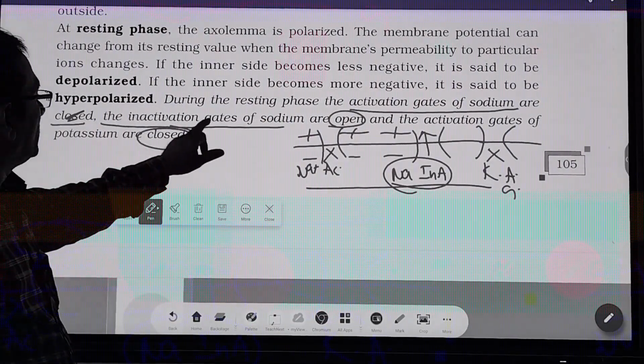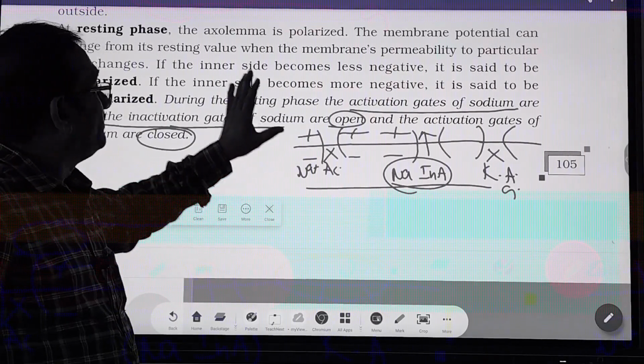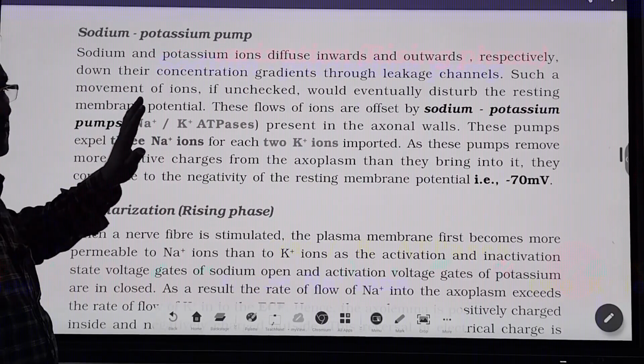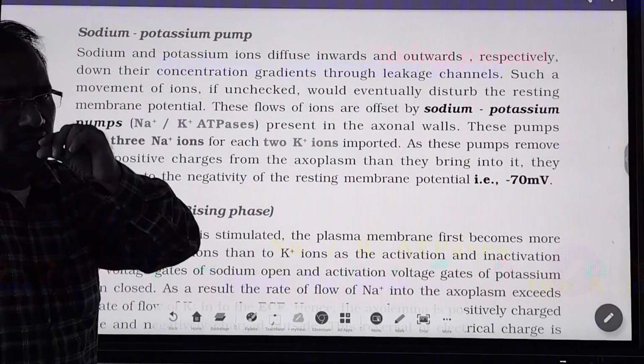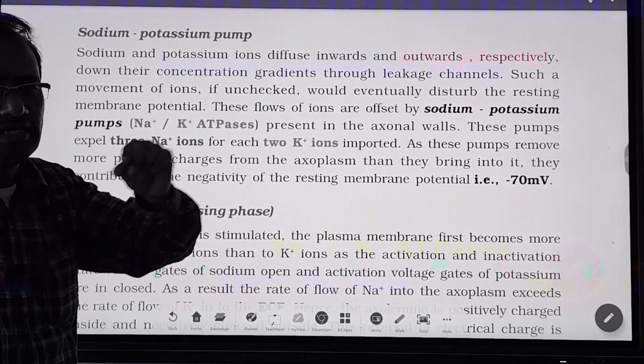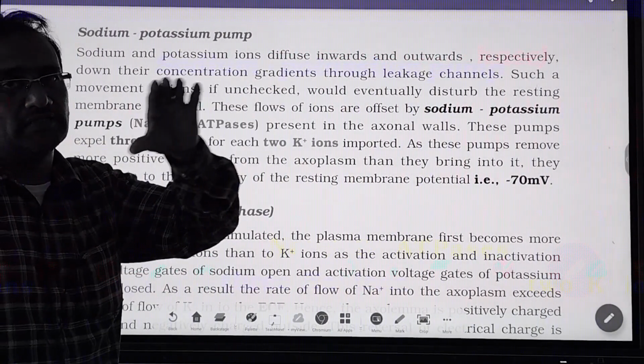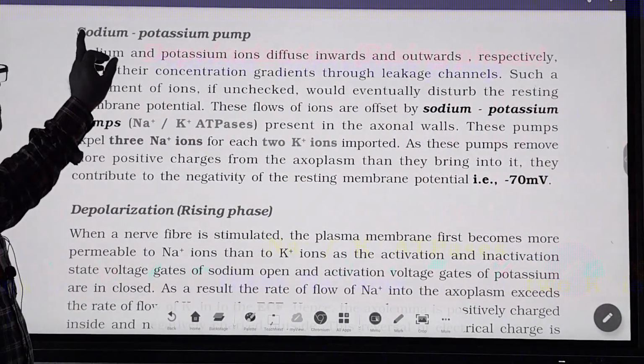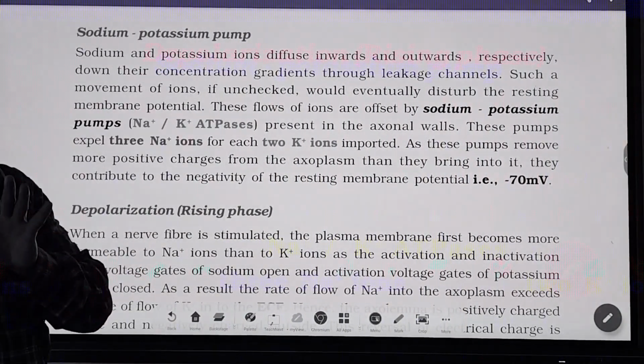So the inactivation gates of sodium being open only, that is called resting membrane potential. Here on the leakage channels, on the ligand channels, on the voltage gated channels, the sodium potassium pumps are present.